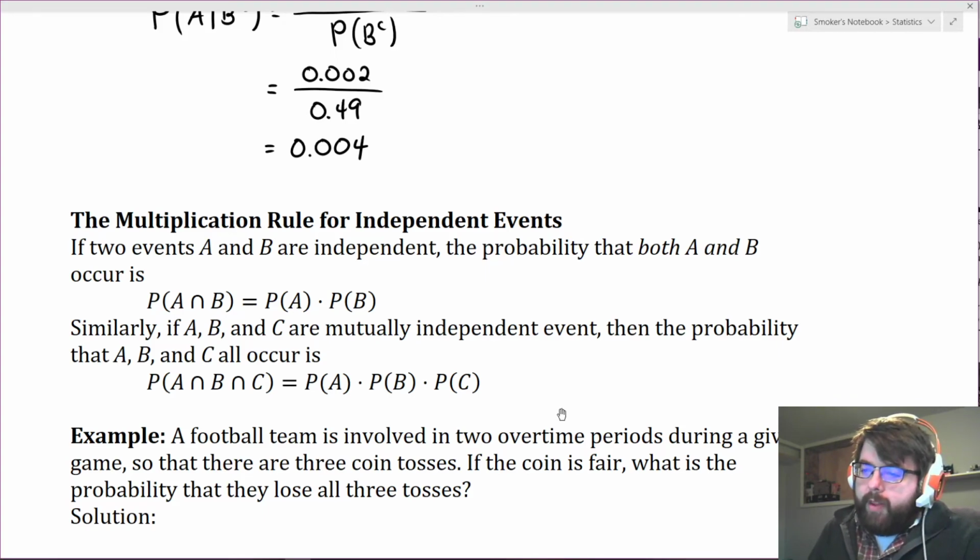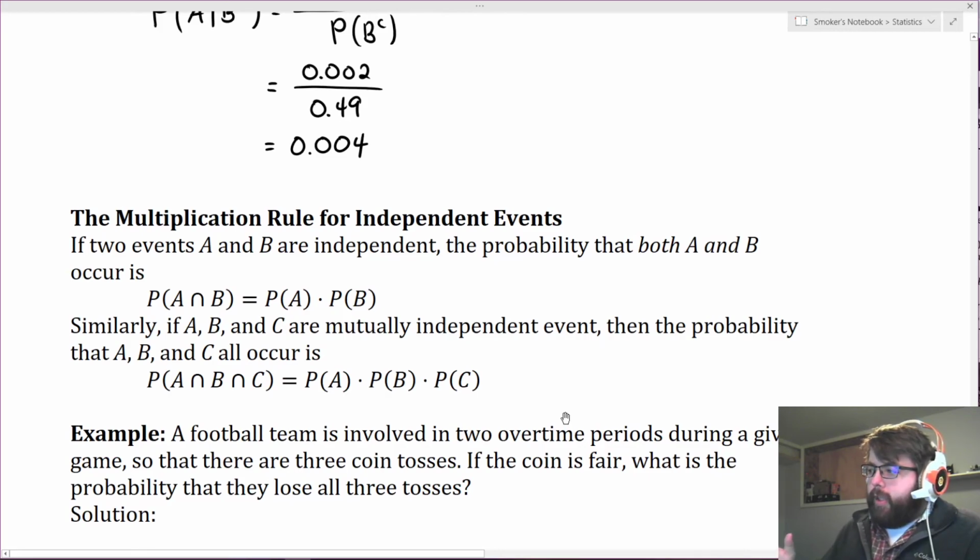A football team is involved in 2 overtime periods during a given game. So there are 3 total coin tosses: one at the very beginning of the game, and then one for each overtime. What is the probability that they lose all 3 coin tosses? Each coin toss is independent of the other coin tosses.